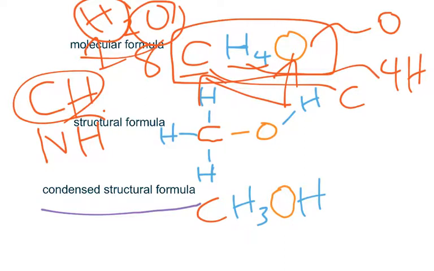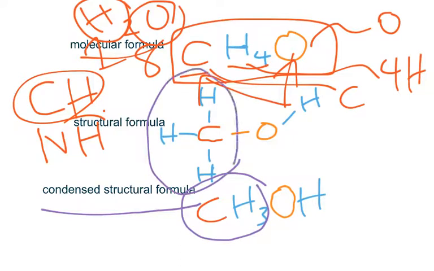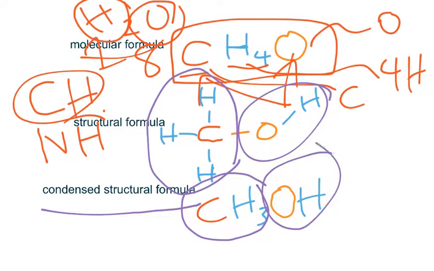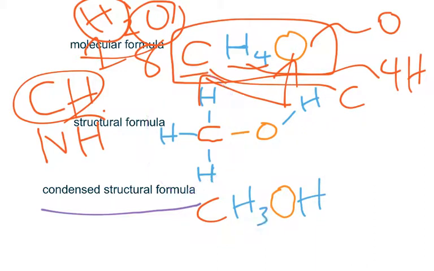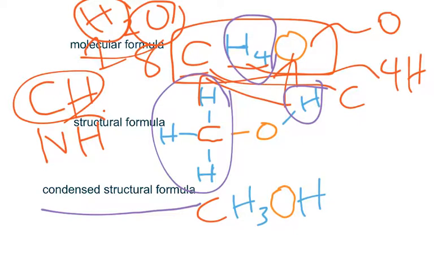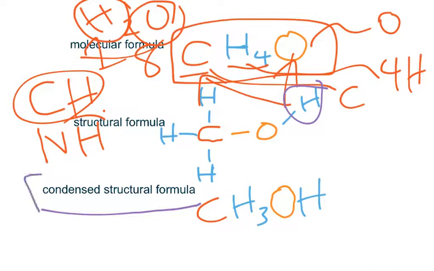So for example, CH3OH is easier to see than CH4O when it comes to the structure, because we can clearly see CH3 over here, and we can clearly see OH over here, while in our original molecular formula, you can't really tell that there's an H here and there are 3 H's here, because all the hydrogens are counted and added up. On the other hand, in our condensed structural formula, they are separated to make drawing the structure easier.